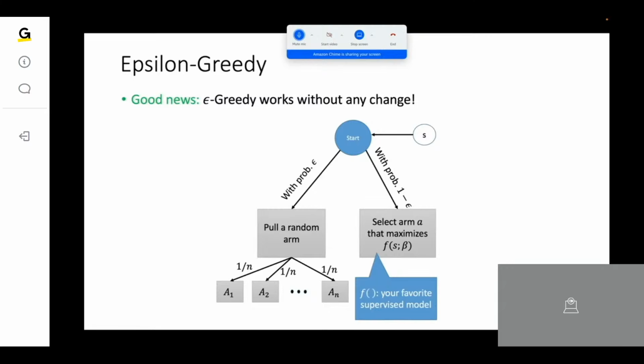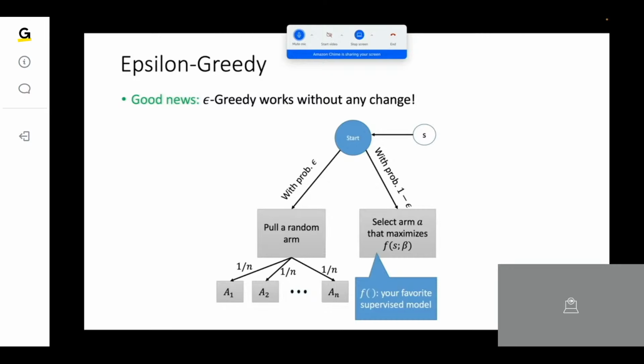So we'll now revisit the algorithms that we encountered in multi-arm bandit, and it turns out that all those algorithms can be adapted to incorporate the context information. The good thing is epsilon greedy works without any change.